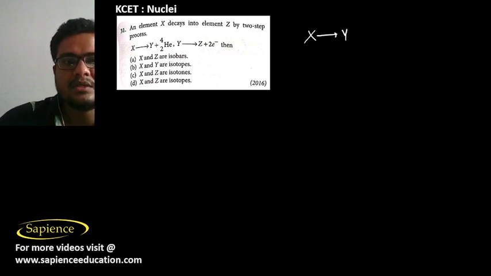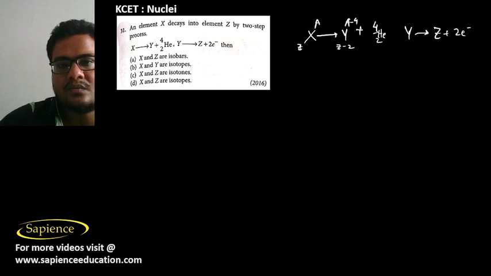X decays into y plus something, and y decays into z plus 2 electrons. So if x is ZA, then y is Z minus 2 with the mass number, and an electron means E minus 1.